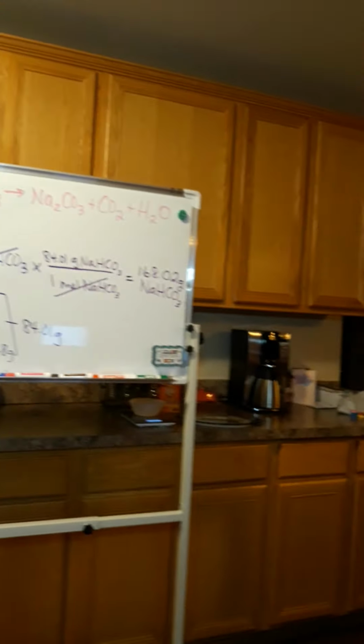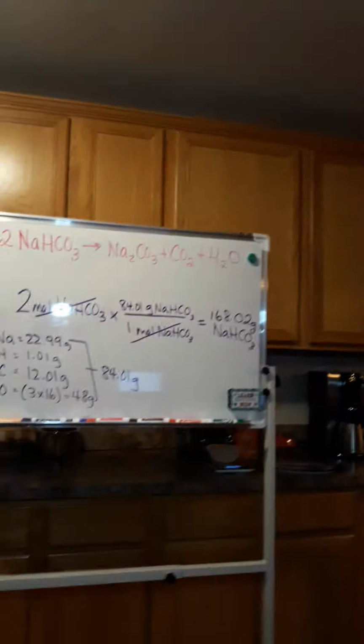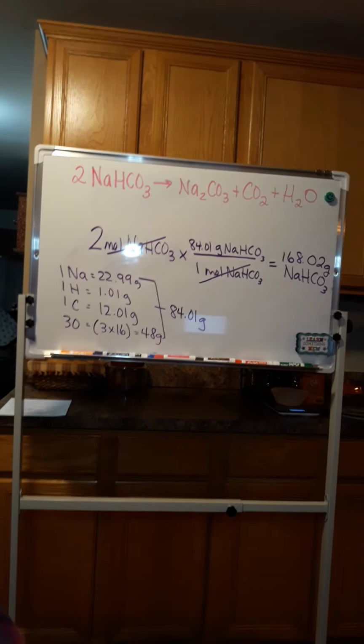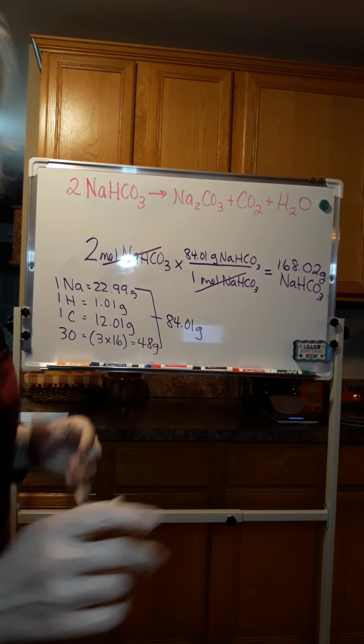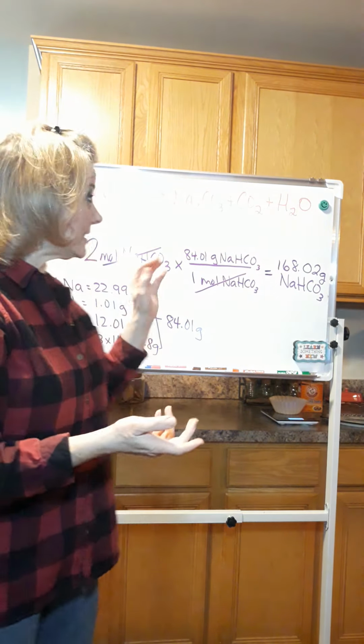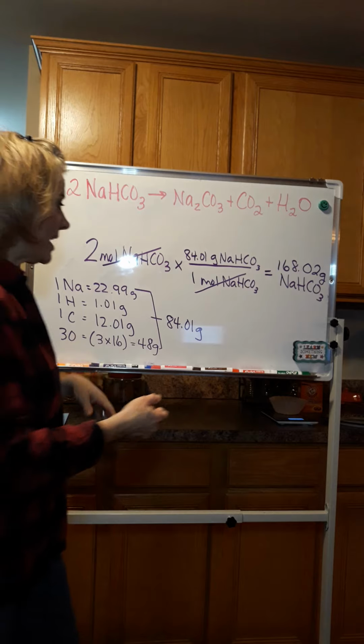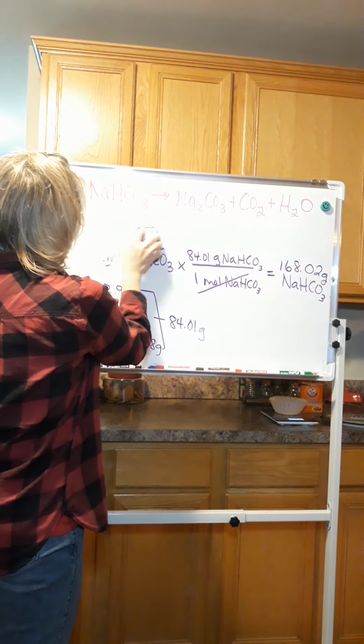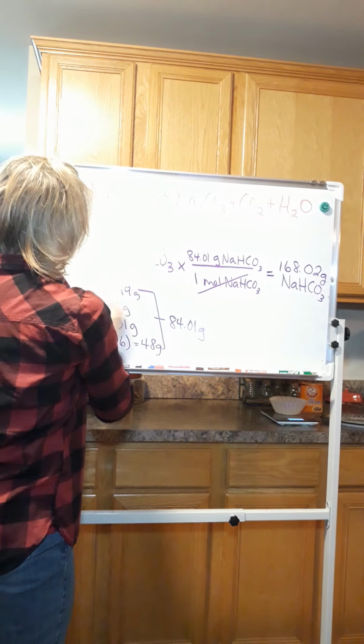Let me put you back in my holder here. So the theoretical yield is determined by the limiting reactant. And in this case, we only have one reactant, but I don't have 2 moles of it. All I have are 50 grams.